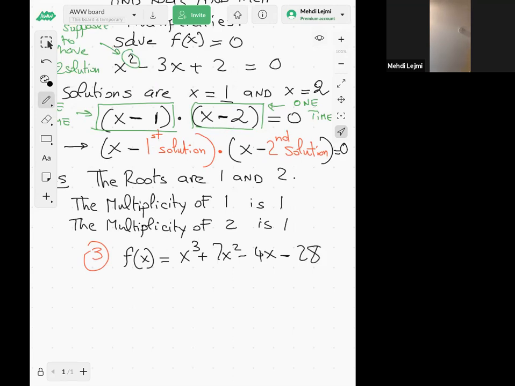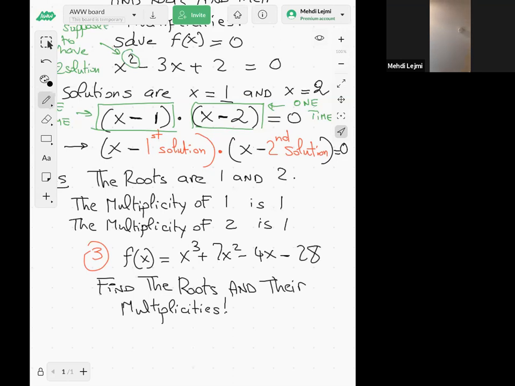And the question is, of course, find the roots and their multiplicities.